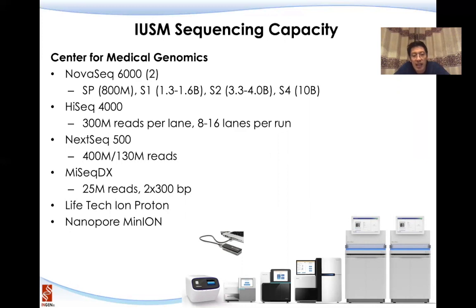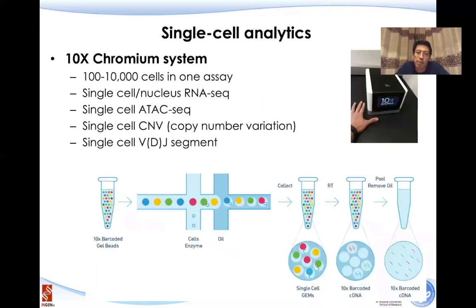We have HiSeq 4000, NextSeq 500, MiSeq, and we also have Ion Torrent proton sequencers, as well as nanopore MinION platform access. So all these sequencers are available on a fee-for-service basis, and we are hoping that we will be able to work with all of you in the future to help with your experiments.